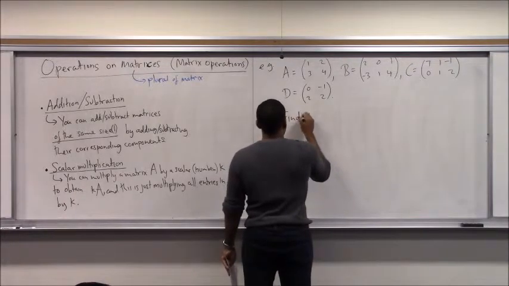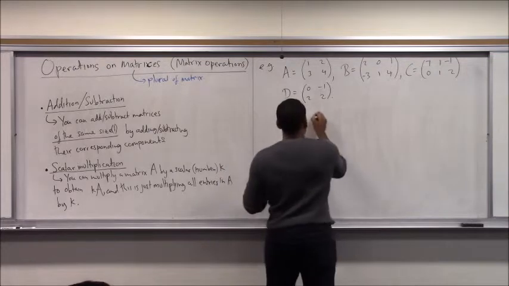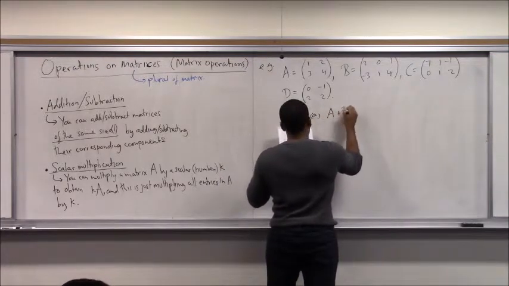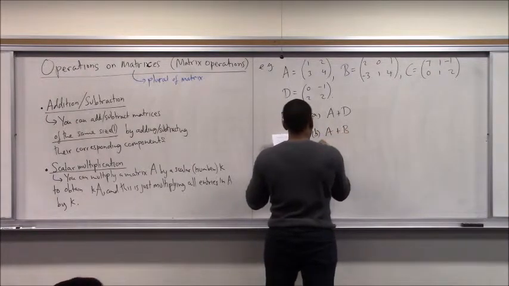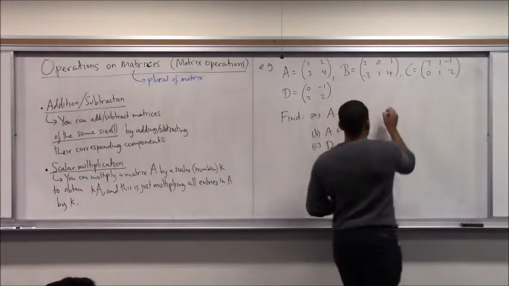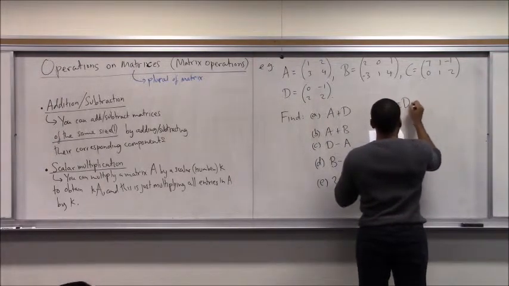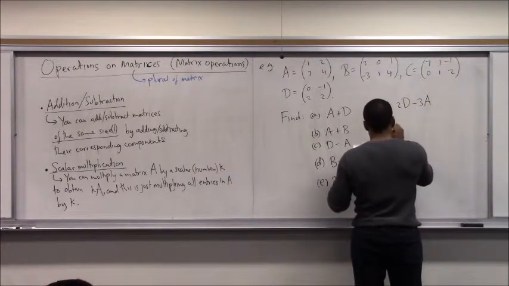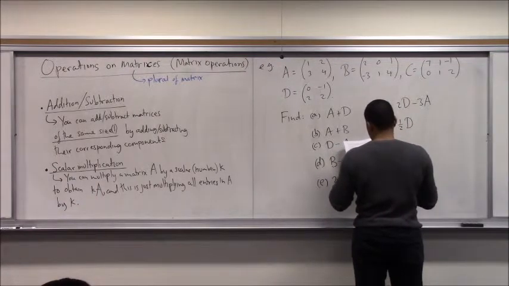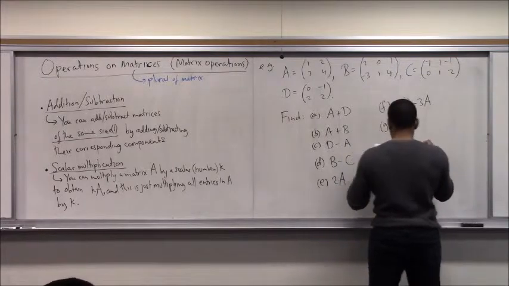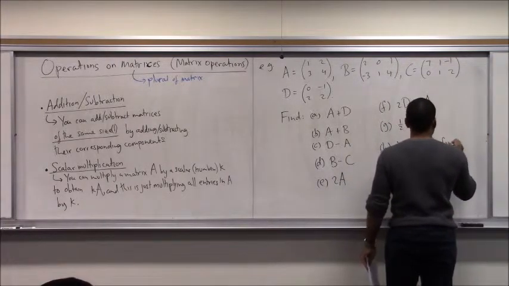I want you to find these: A plus D, A plus B, D minus A, B minus 2C, 2 times A, 2D minus 3A, 1/2 D. And if X plus D equals A, I want you to find X.